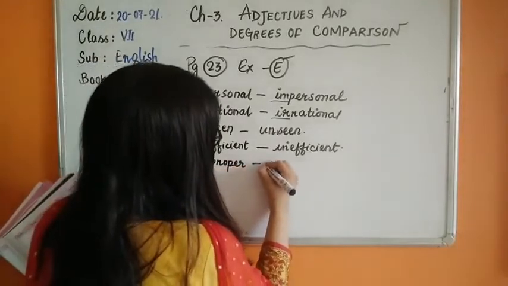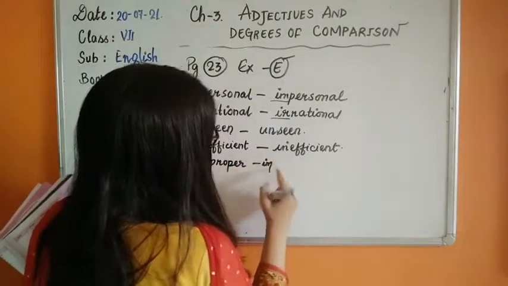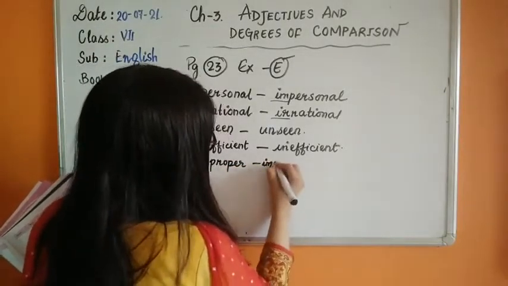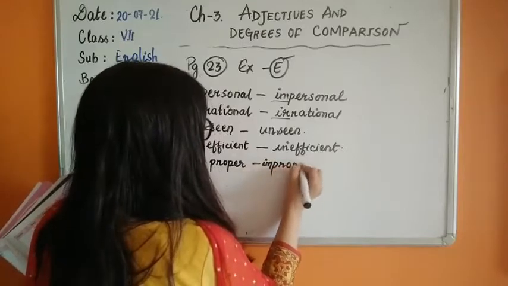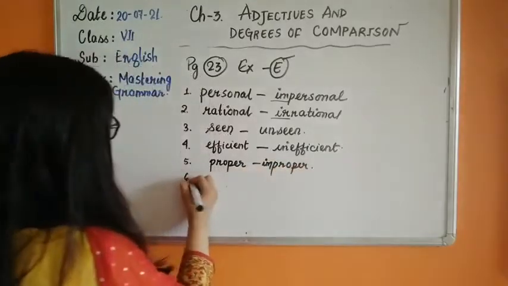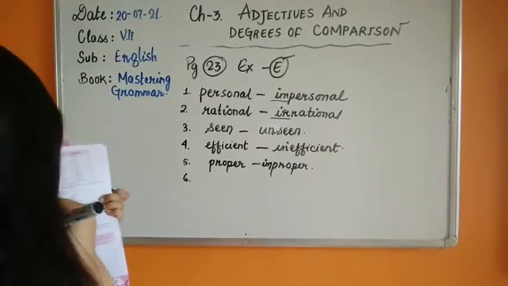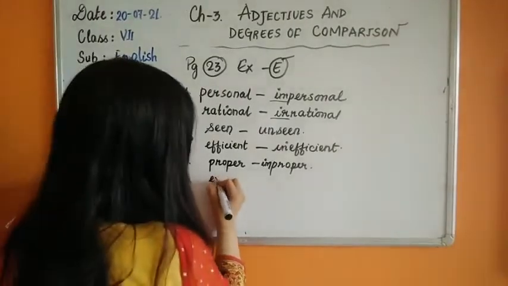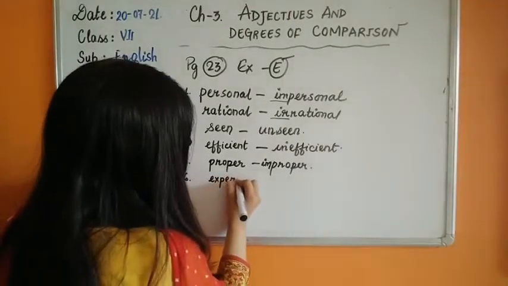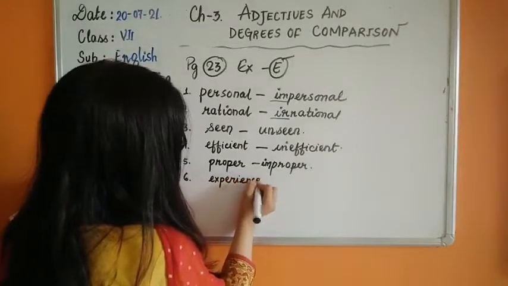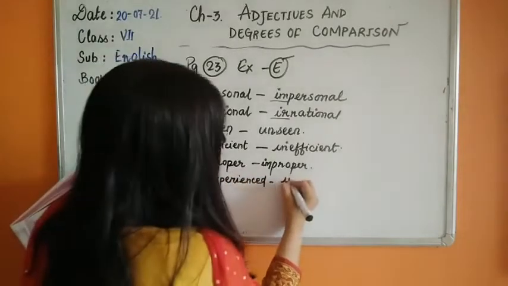Proper becomes improper. With the addition of IM, it will become improper. Number 6, experienced. Inexperienced.